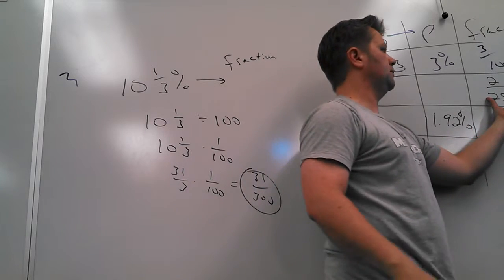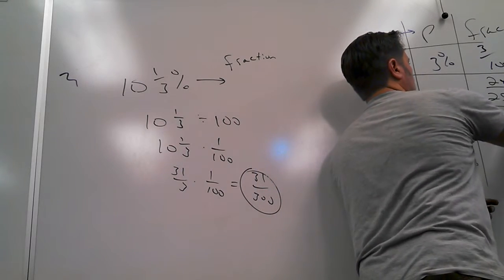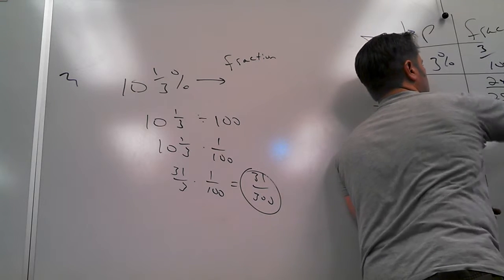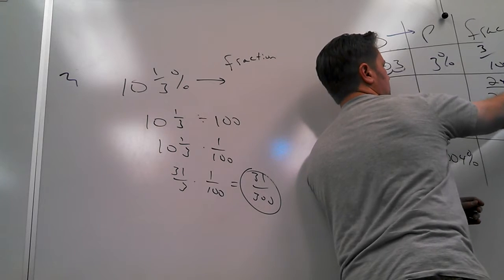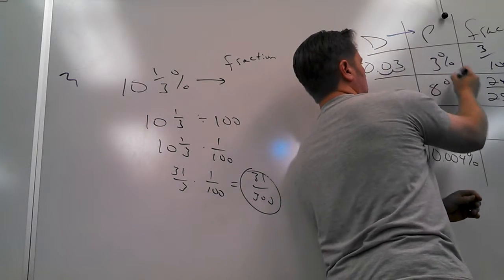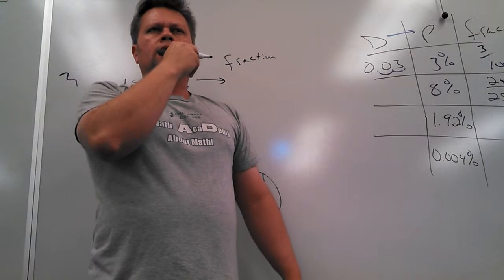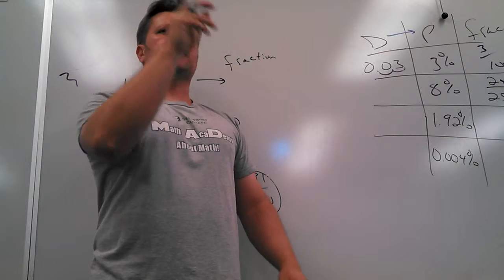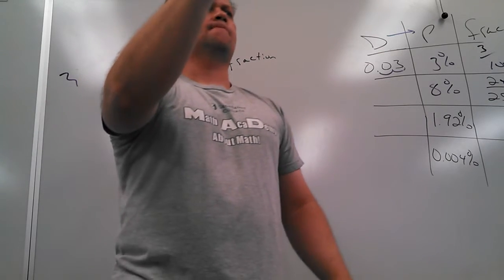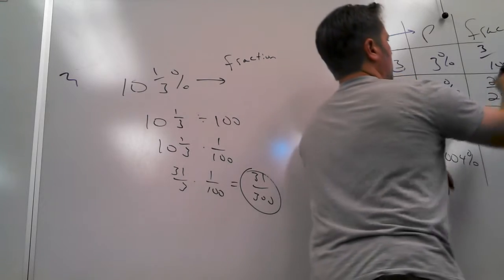Can you make the bottom 100? Yeah, multiply by 4. Because if you can make that out of 100, then what percent is this? 8%. Cool. Why multiply by 4?